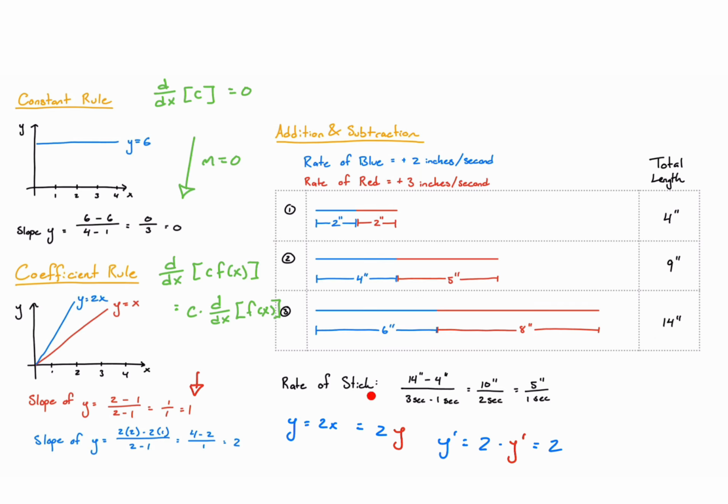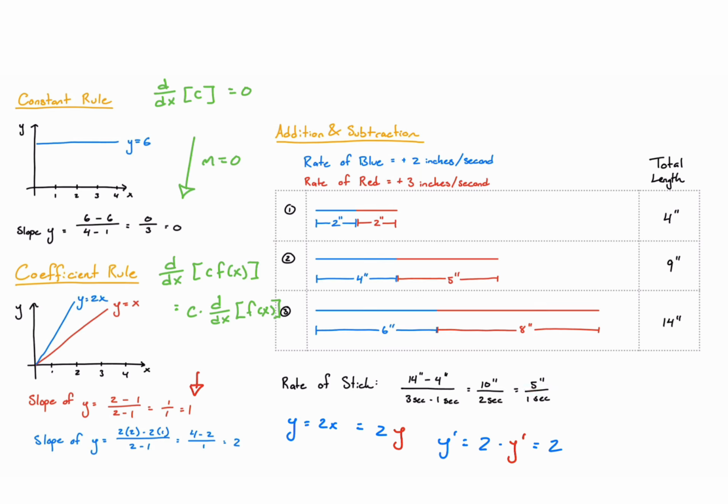Now we can go ahead and take a look at the rate of the stick by doing some slope formulas between the total length and our time. So we took 14 inches minus 4 inches divided by 3 seconds minus 1 second. And we get 10 inches per 2 seconds, or 5 inches per second. And that's our rate.